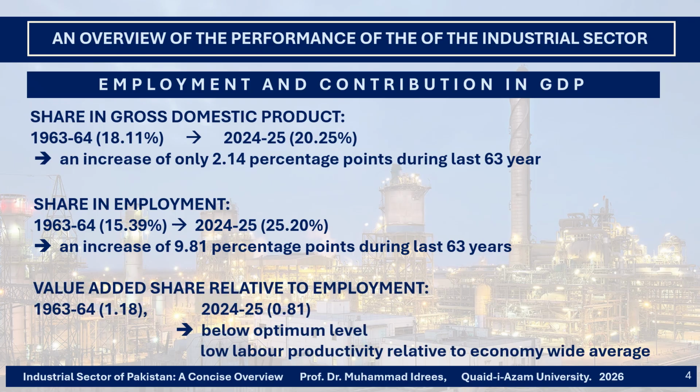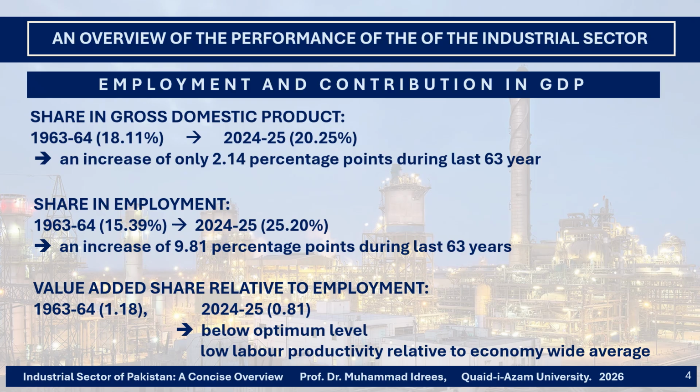Now let's compare value added share relative to employment. In 1963-64, the share in GDP divided by share in employment, that is the ratio of the share in GDP and share in employment, was 1.18.